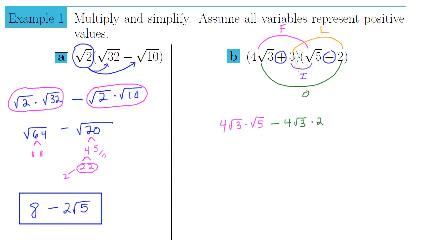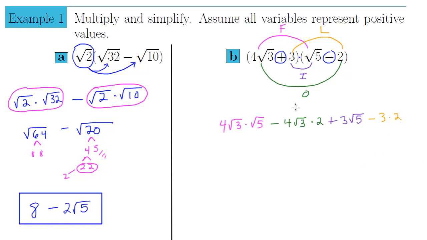The inner term is a 3 times a root 5. So plus 3 times root 5. And then the last terms are going to give me 3 times negative 2. So minus, I'll just write it for now.